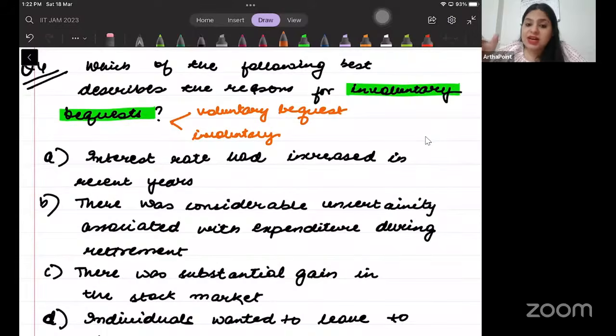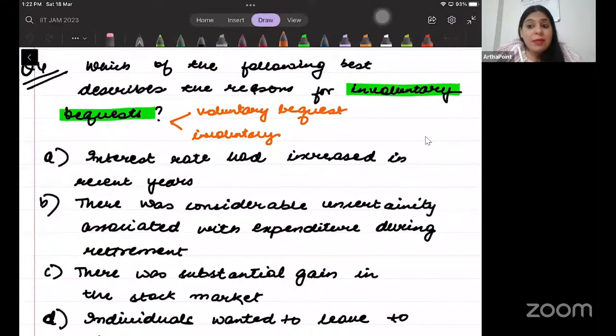Because there is some uncertainty associated with how you will spend your own retirement, about what will be your expenditure during your retirement. So usually, when you are uncertain about your future, it's like this. Today, I am keeping a house saying that this is for my children.